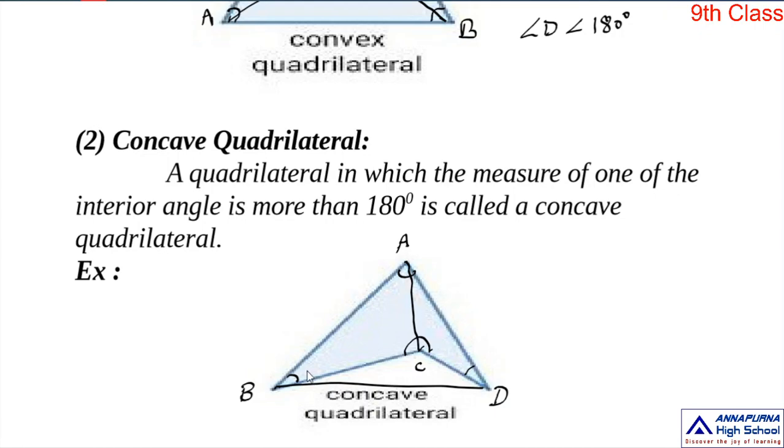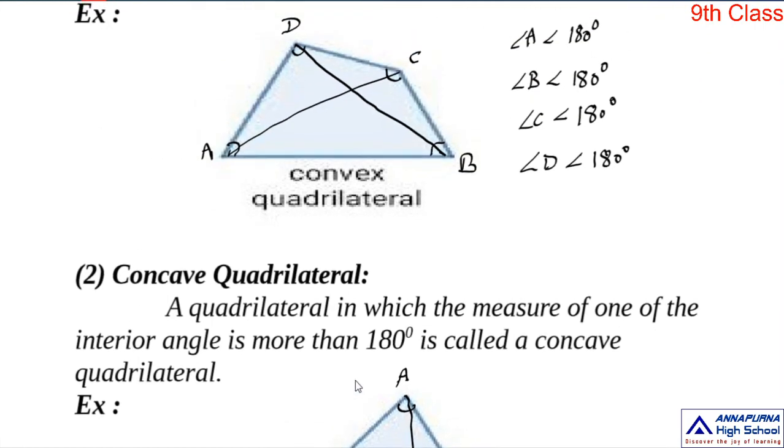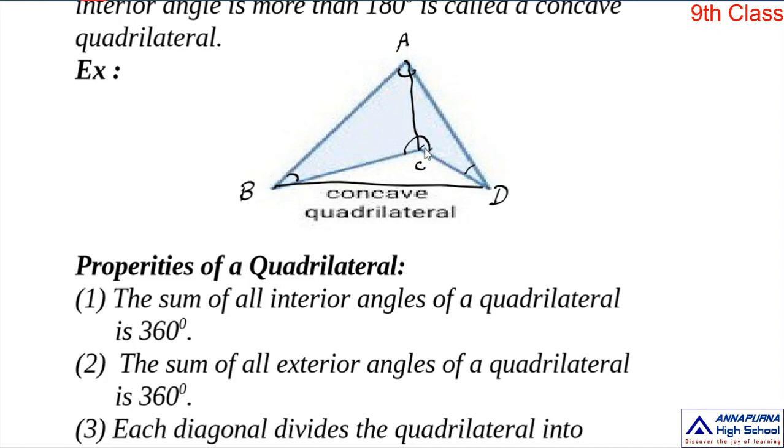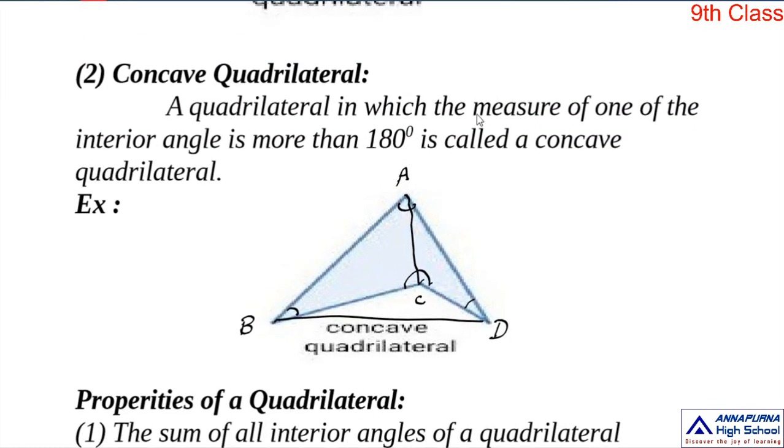See the figure. This is a concave quadrilateral. This is the convex quadrilateral, this is the concave quadrilateral. The measure of one of the interior angles is more than 180 degrees.